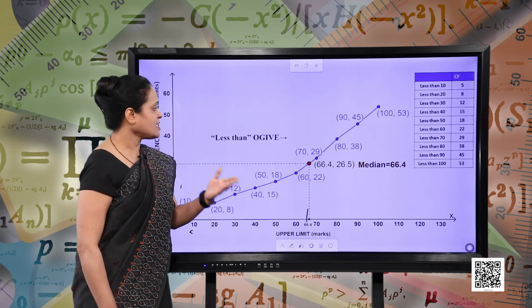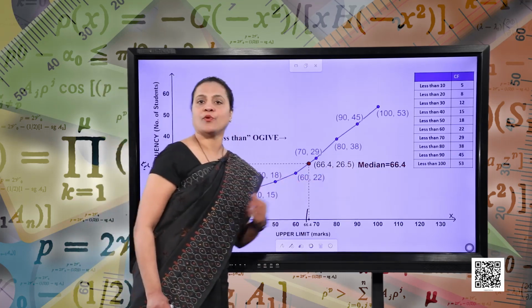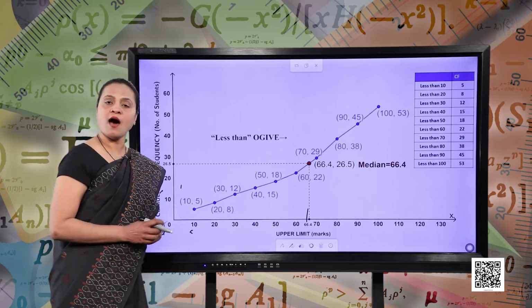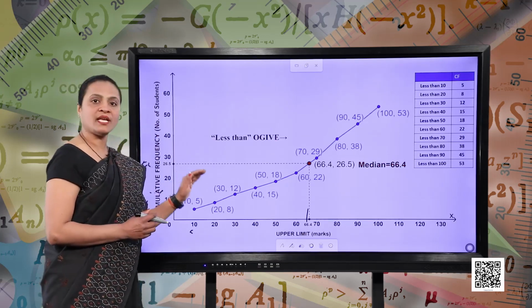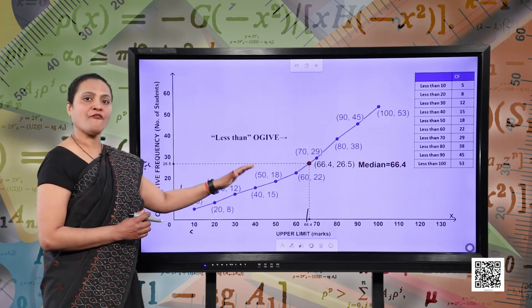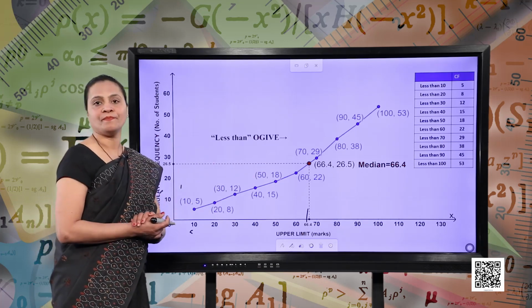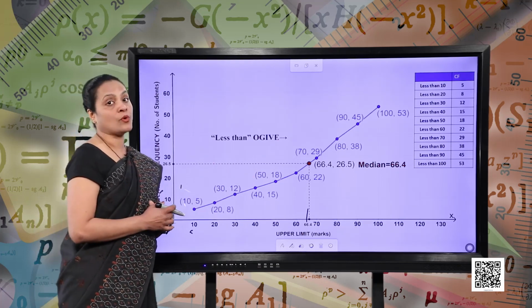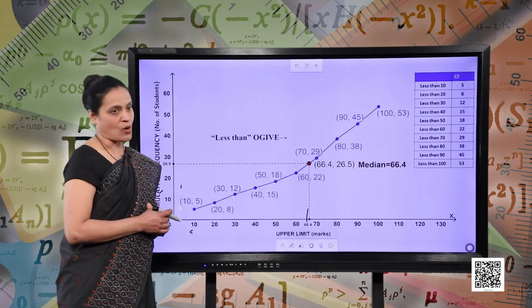So, our median will be 66.4. So, this is how we can find out the median from the graph of less than type ogive. We can also form more than type ogive. Let us see how.